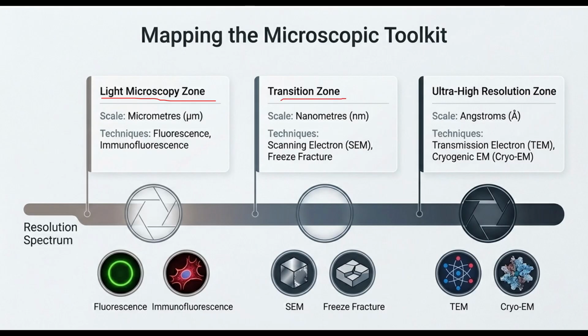Then at the highest resolution level are transmission electron microscopy and cryogenic electron microscopy, which can reveal structures at the angstrom scale. Okay, so this is the finest. So this progression demonstrates how scientists choose microscopy methods depending on the level of detail required. So different techniques answer different biological questions. Clear?